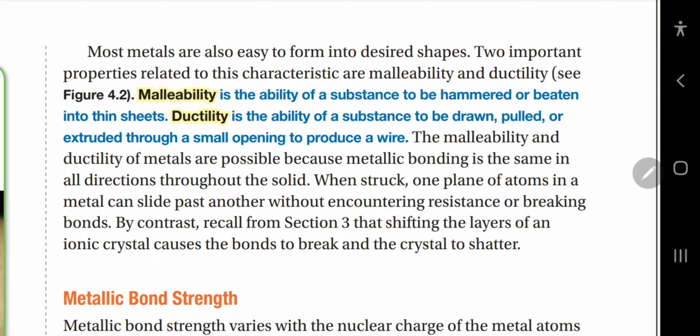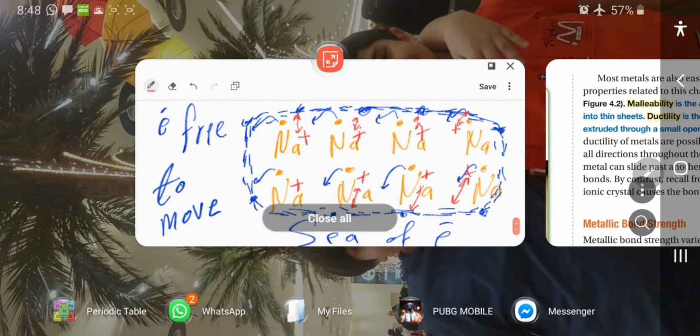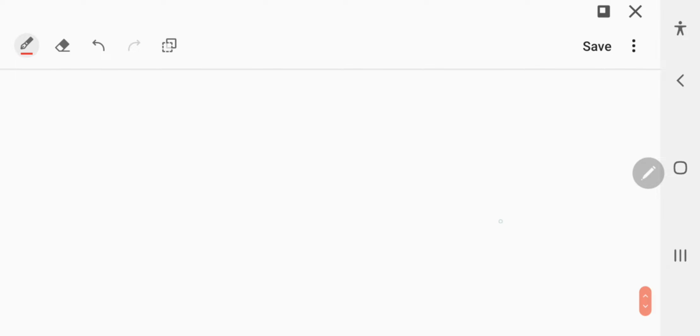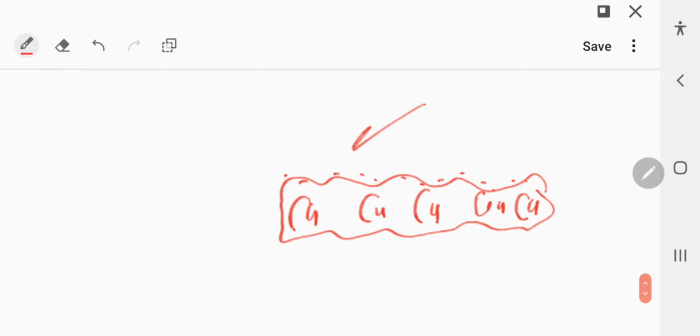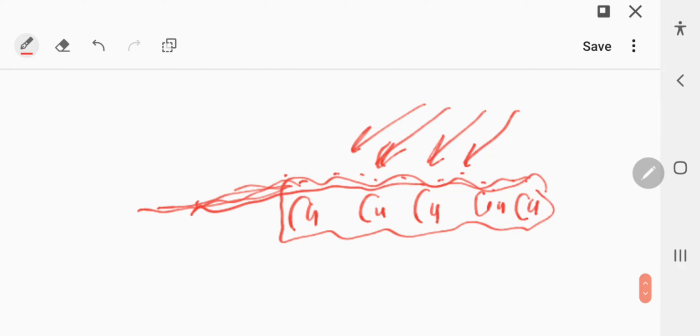Why are they malleable and ductile? Because of the same thing, the existence of the sea of electrons. Because guys, if you have a crystal of any type of metal and the electrons are surrounded here, when it is hammered, the electrons can move and change their place without being broken like non-metals.